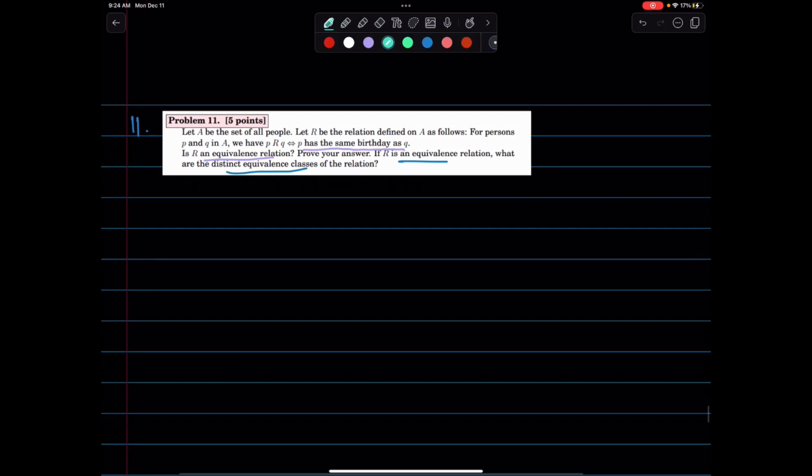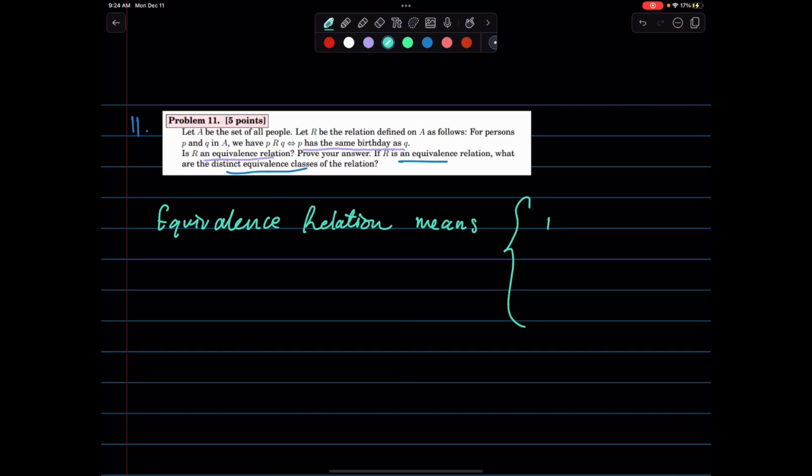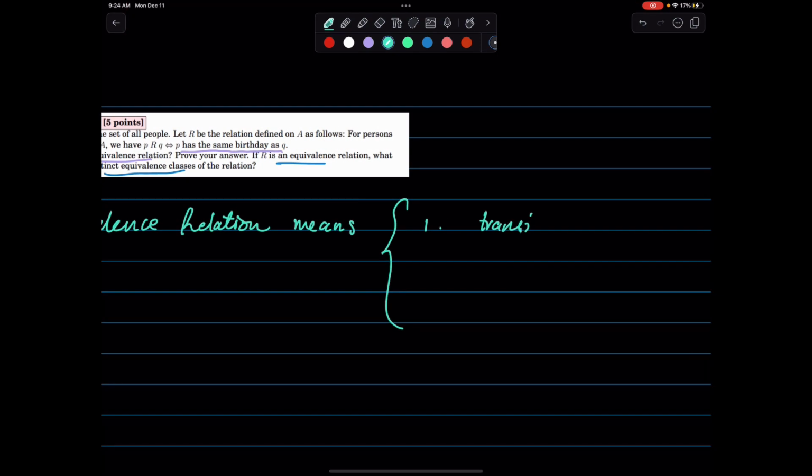So recall what an equivalence relation is. Equivalence relation means transitive, symmetric, and reflexive.